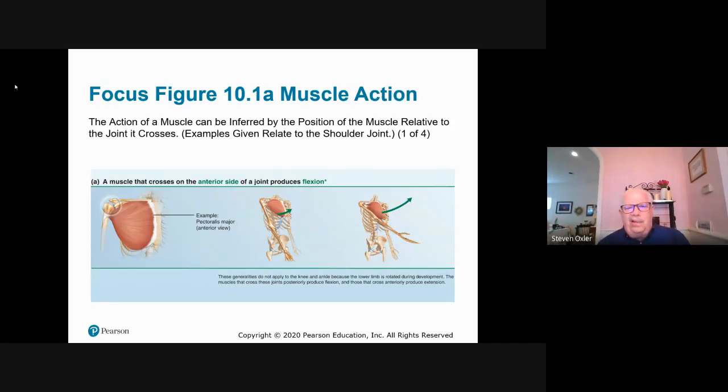And you can kind of look at where these muscles are. If a muscle is on the anterior side of the joint, like the pectoralis major, which is right here, it produces flexion. Pectoralis major, it's on the anterior side of the joint.